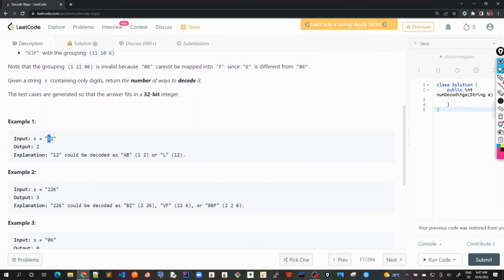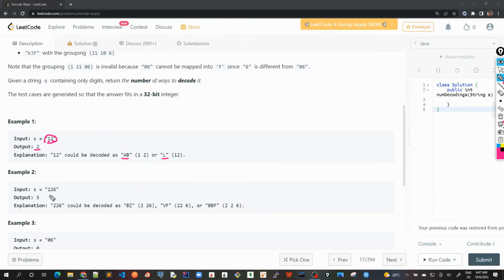Now let's go with the examples again. For example, we are given the input 12. The output is 2. The explanation is very clear: we can either decode it as 1 and 2, which would be A and B, or we take the complete 12 together and it will be mapped to L. So that's why there are two ways to decode 12.